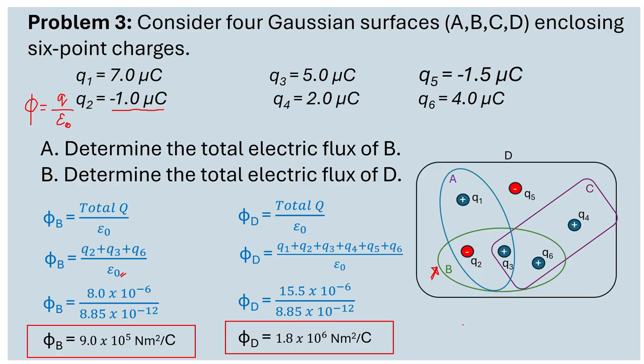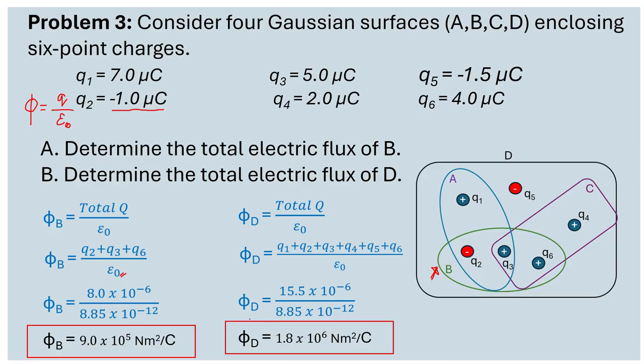Now the question is, which of the two, Gaussian surface B or Gaussian surface D, has the bigger amount of electric flux? Look at the exponent of their answers. The D has 1.8, although it's a smaller number, the exponent is times 10 to the 6.